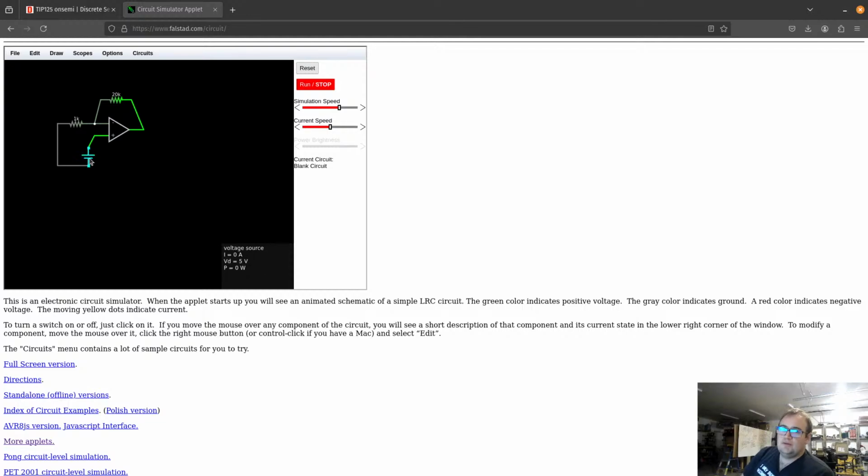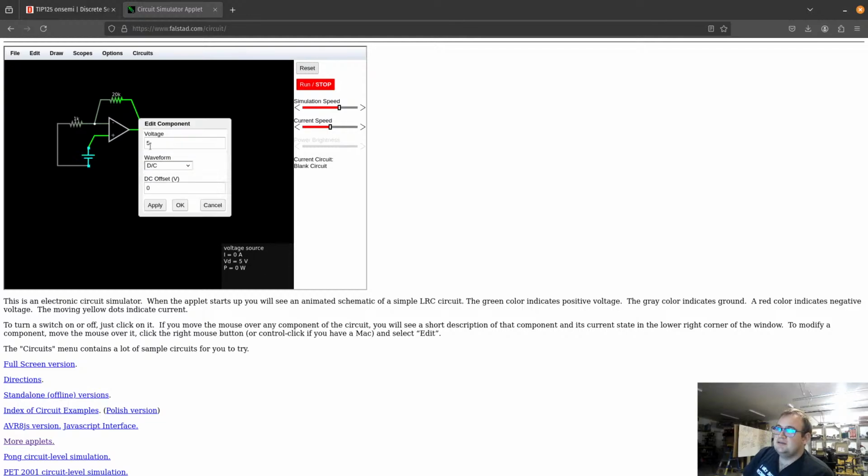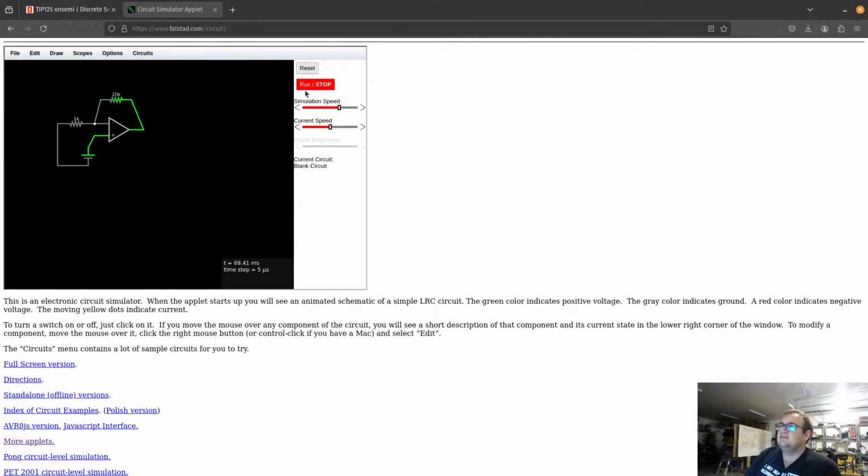If we change this now to, say, something reasonable, let's go 0.1 volts. Apply. Okay. Now we go 20 times 0.1. We should be seeing 2 volts here. Let's see. It says 2.1 volts. So 100 millivolts. One second. Wonder.